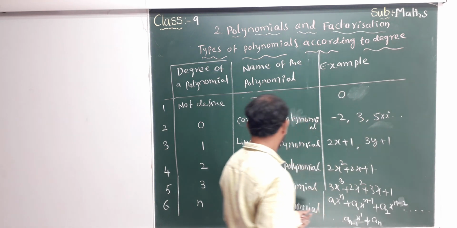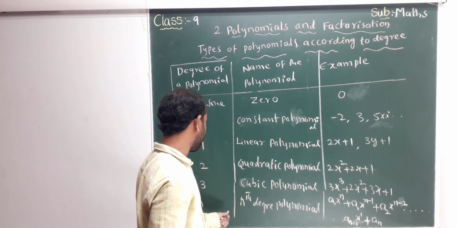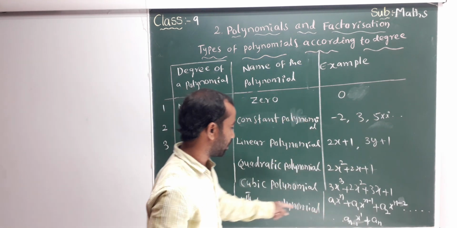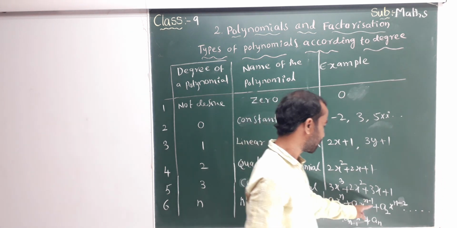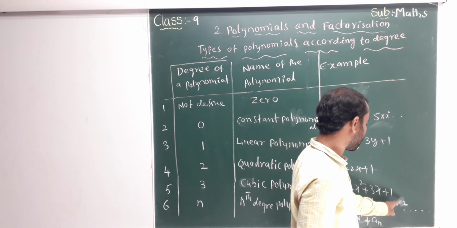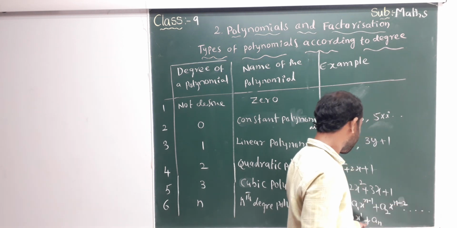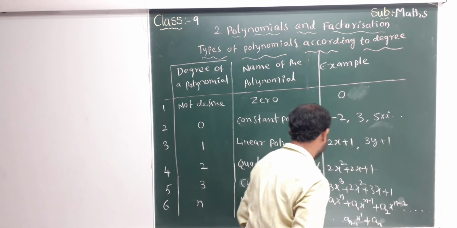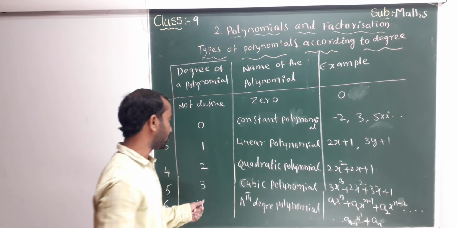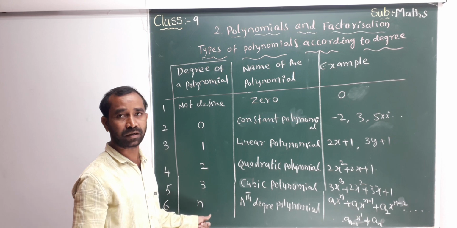This is the general form of the nth degree polynomial: a0 x to the power of n plus a1 x to the power of n minus 1 plus a2 x to the power of n minus 2, and the last term is an.